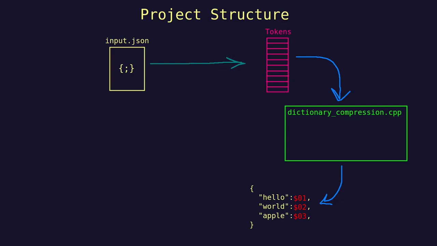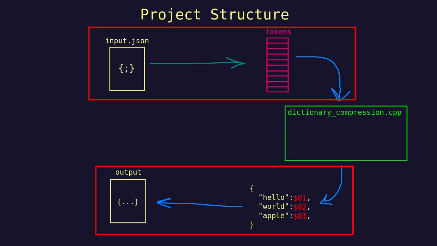So it'll contain the unique tokens and their corresponding hashes or codes. Then finally, the dictionary is used to create our output file, and the dictionary is then stored in the output file. I won't be focusing on the file input and output parts of this project because I don't think it's that interesting, but if you want to see how I did it, I'll leave a GitHub link down below.